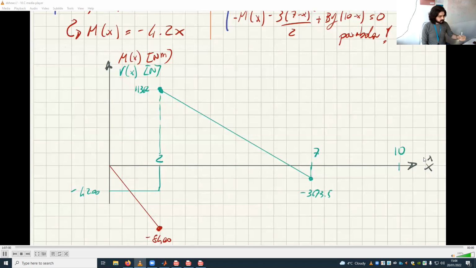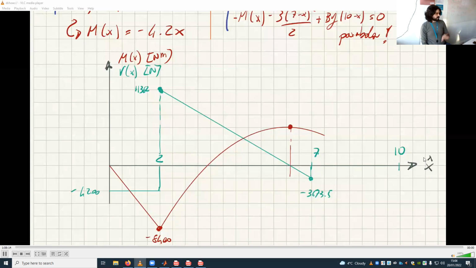Okay, so the parabola looks like this. Where the maximum is here. Okay? Because that's where the shear force is 0.